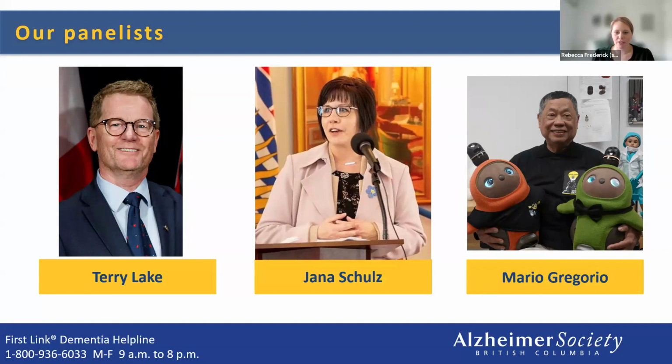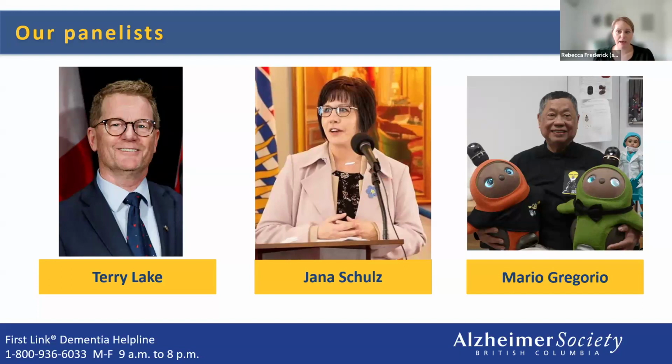So welcome, Terry. Happy birthday, and thank you for being here. Next, we have Jana Schultz. Jana is a registered social worker residing in the traditional unceded territories of the Ktunaxa peoples in Cranbrook, BC. She is a passionate advocate for change, and she believes in using her voice to stand up for others, which is something that I think she does very well. Jana's father was diagnosed with dementia in 2016, and alongside her mother, Jana was providing care for her father.